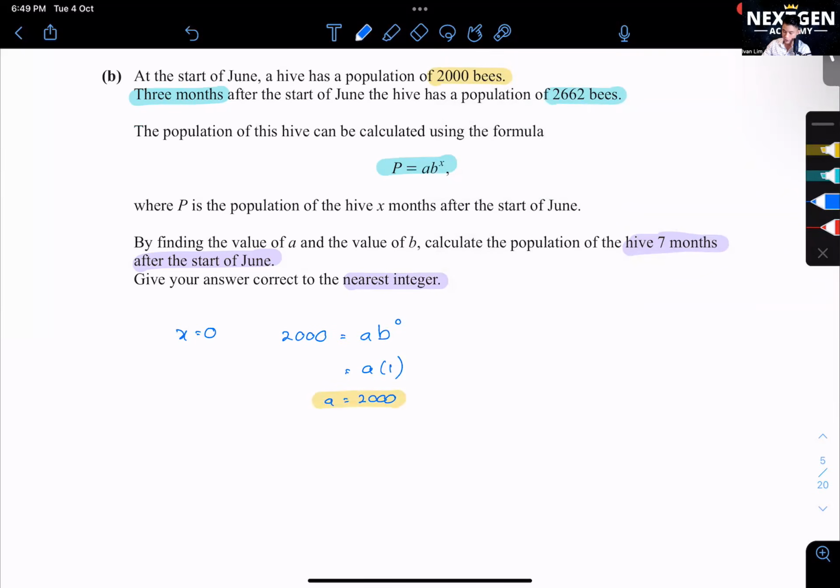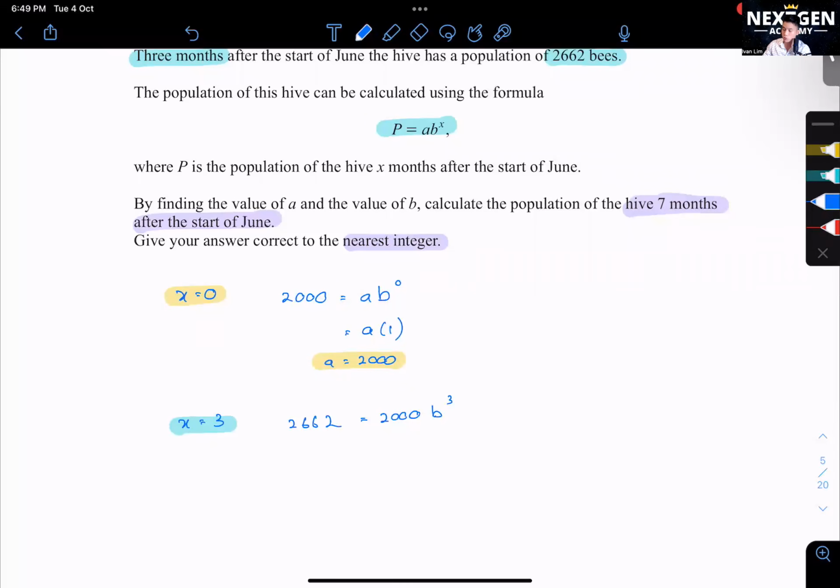Okay, the second statement, based on the yellow statement above. 3 months after, so when X equals 3, it becomes 2662 B. Now I have my A value, which is 2000, then B to the power of 3.